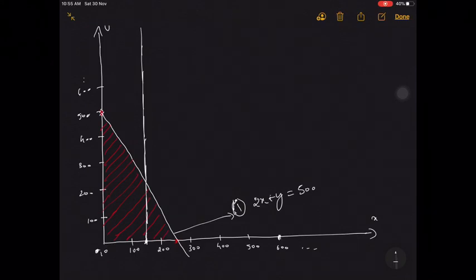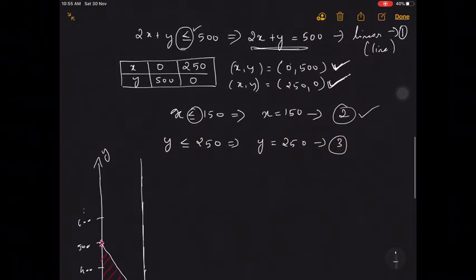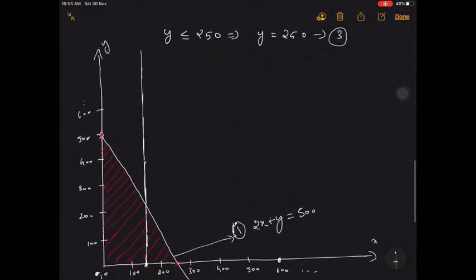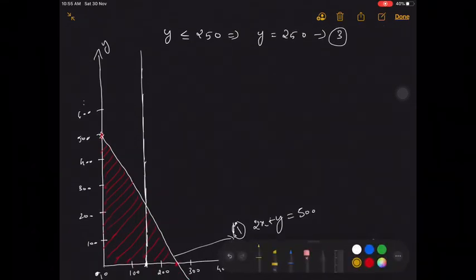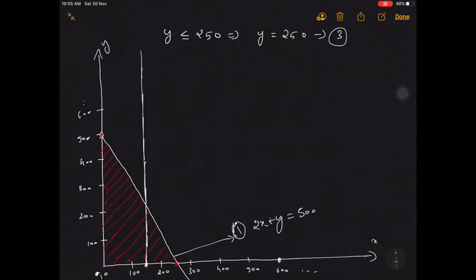Since it says x is less than or equal to 150, the area will be towards the origin, that is again below the line. I'll use another color, some spirals, to shade that.